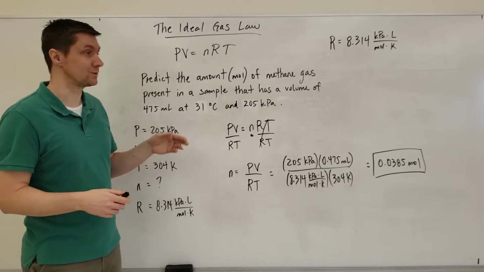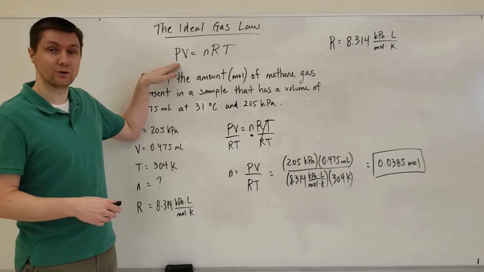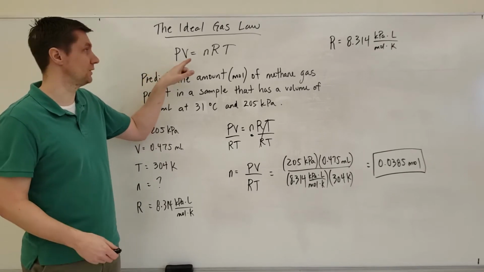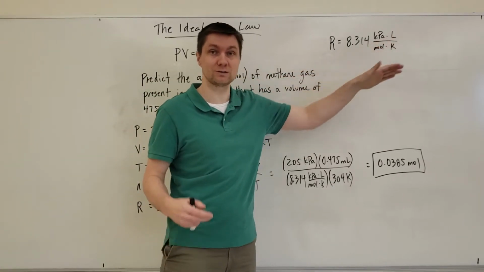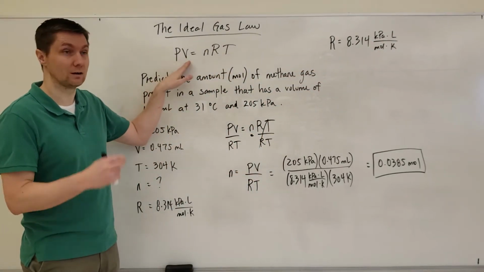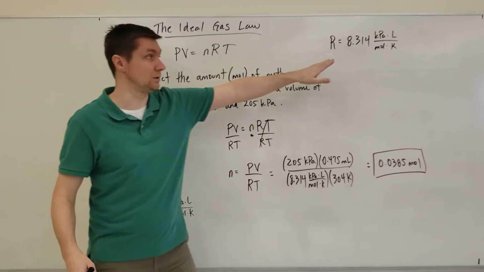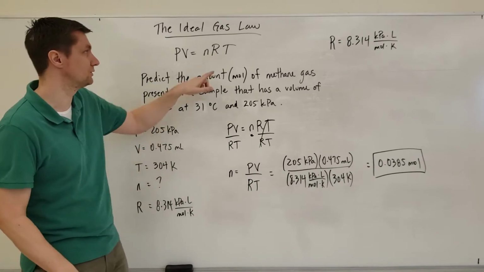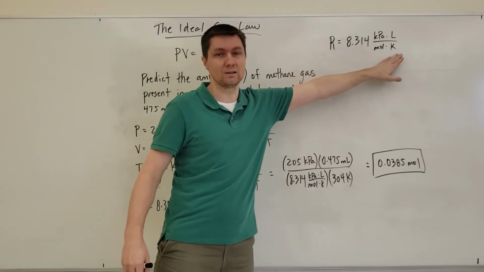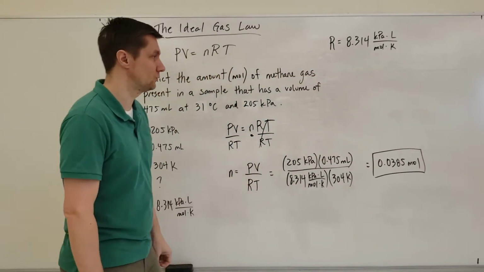Make sure your pressure unit is in kilopascals. Your volume unit, because R has units of liters, has to be in liters. And moles must be in moles, not kilomoles, not millimoles, just moles. And obviously temperature has to be in Kelvin as well.